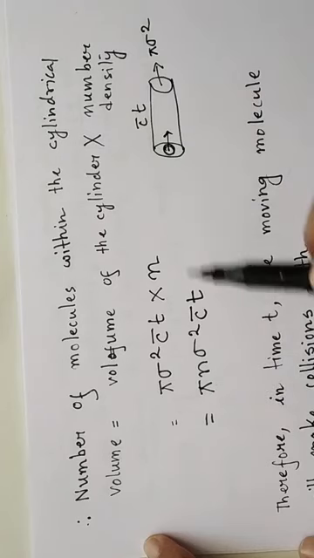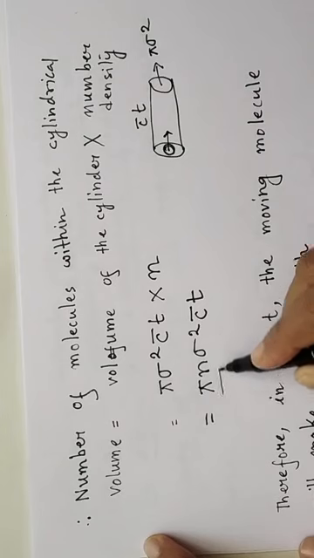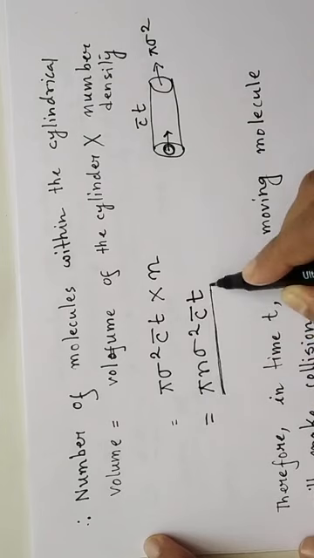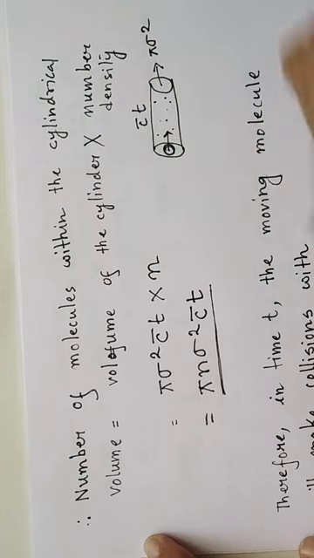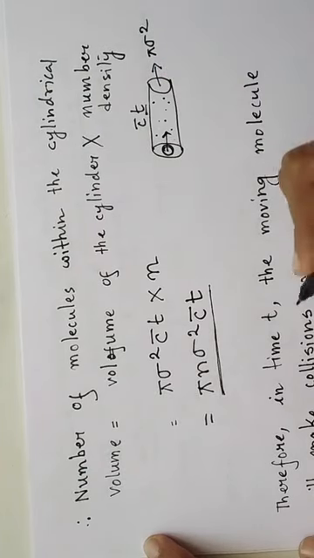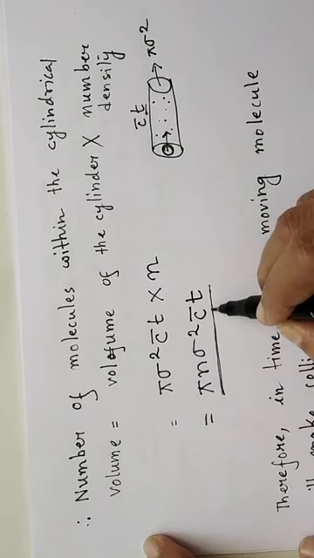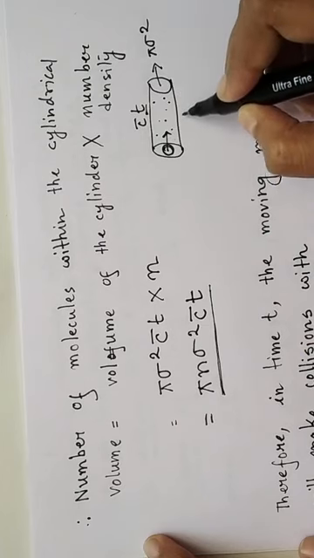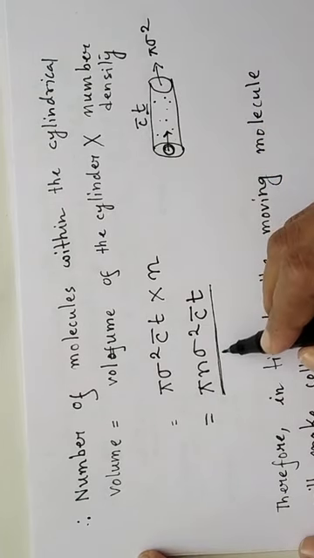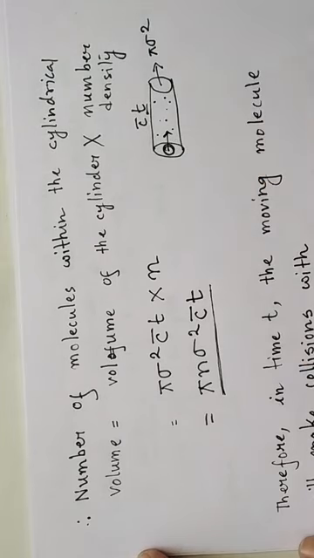The moving molecule will make collisions with these many stationary molecules contained within this cylinder in time t. So this is the number of molecules contained within this cylindrical volume, and it is equal to the number of collisions made by the moving molecule in time t.